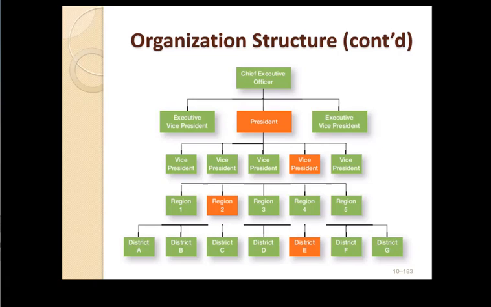You see the ones in orange: District E, Region 2, Vice President, or President, right? There are some lines missing in this. So you can see you need to put some more lines in, right?